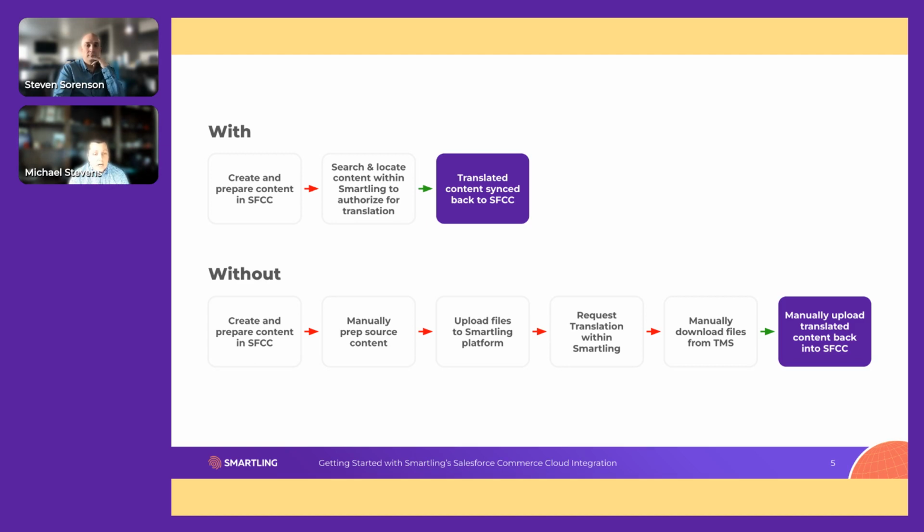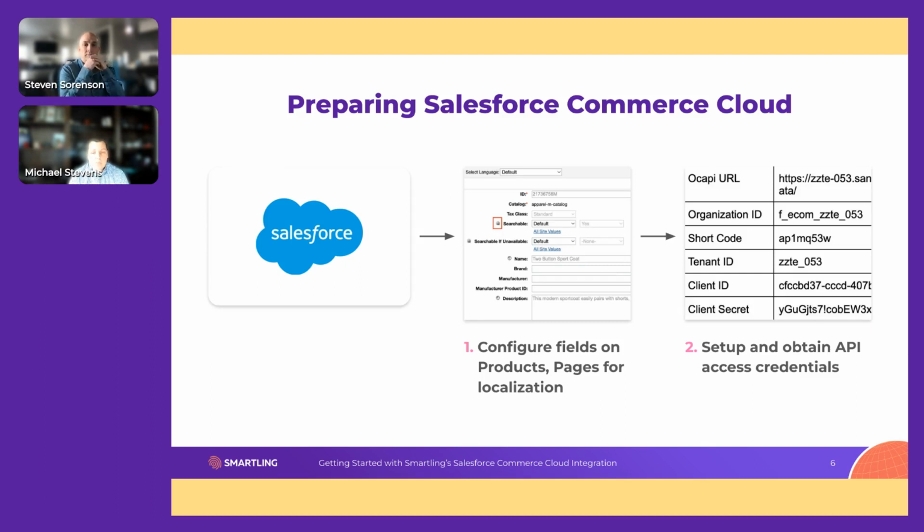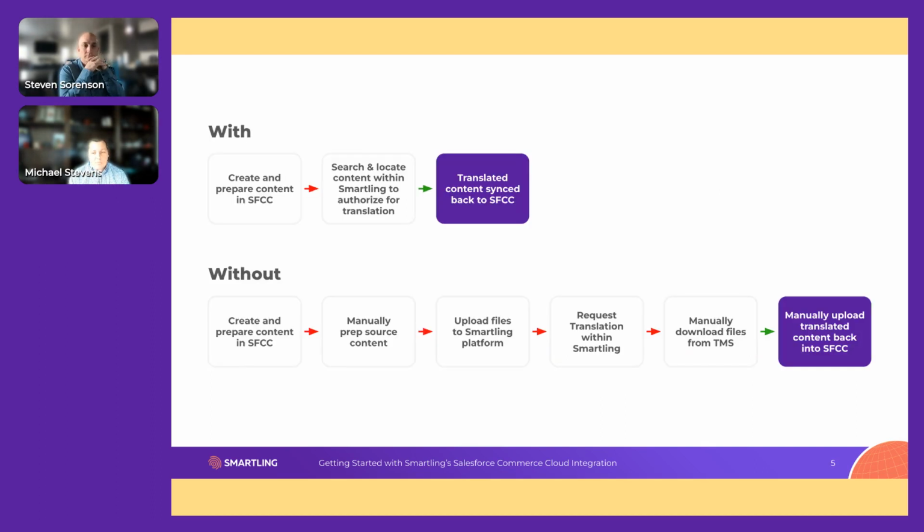Then we've got to manually prep that source content, create that in there, and then download that from Commerce Cloud into the relevant files, upload those into the Smartling platform, then request it for translation. Once the translations get complete, you're getting those notifications, and then you're downloading them back from the TMS, and then manually uploading them again to Salesforce. So it's a very manual process.